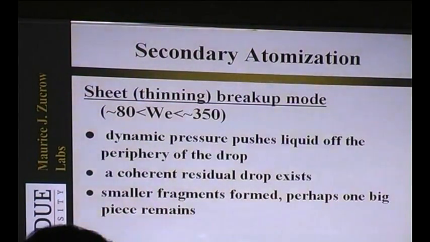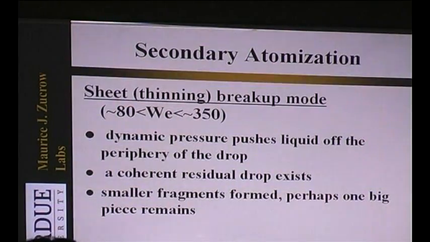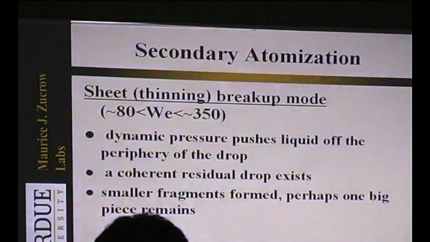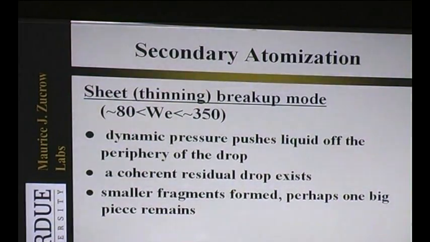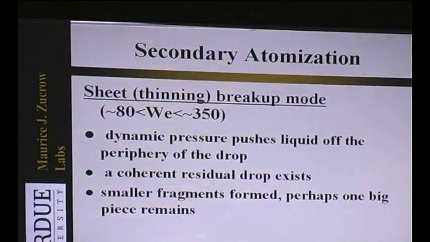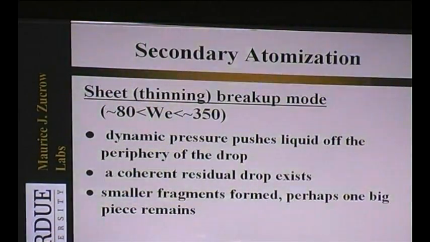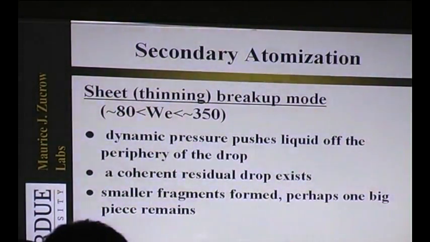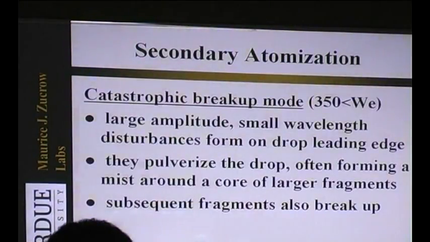It's more of a flag waving or flag flapping mode where the dynamic pressure pushes liquid out the perimeter of the top, eroding the outer surface. There's a coherent residual drop that exists eventually, and the fragment distribution is lots and lots of very small fragments with perhaps one big piece that remains in the form of an intact core. Okay, on to the next slide, please.